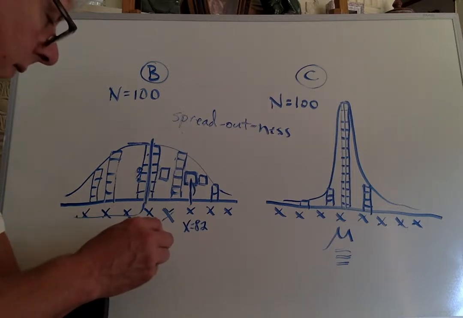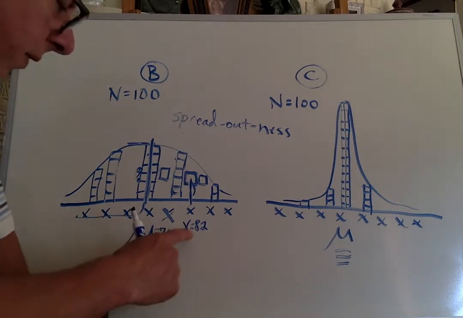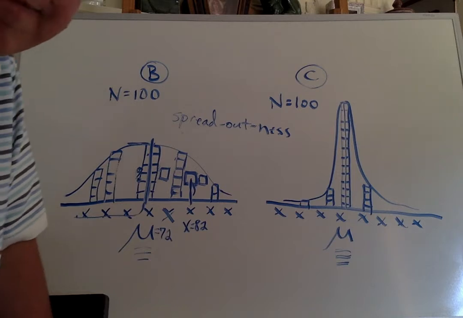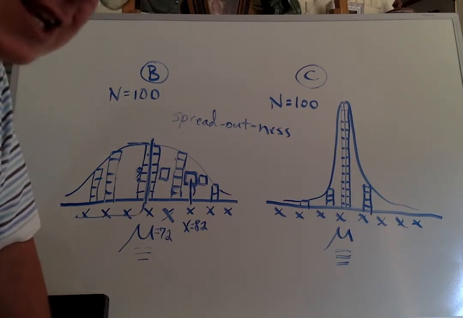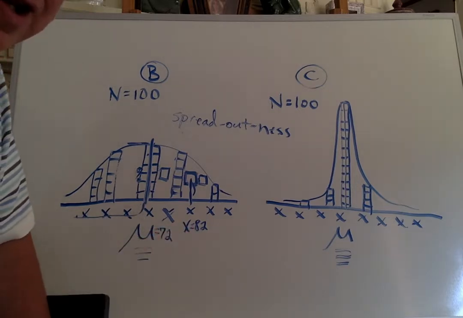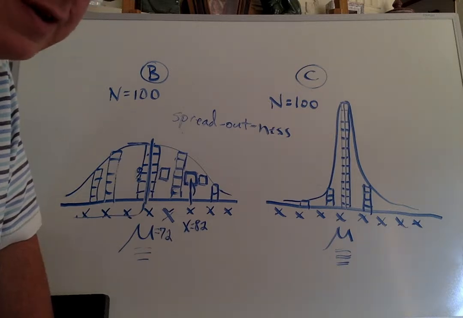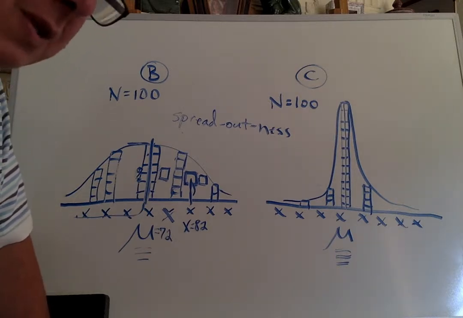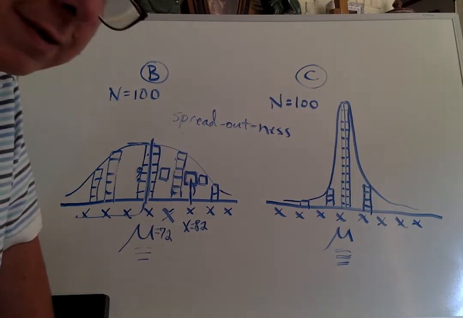And what did we say? We said the mean was 72. Now I'm going to ask you a question. How far away is this score from the mean? Well, I hope that wasn't challenging. The answer is, it's 10 points from the mean. What was the mathematical function you used to determine that?